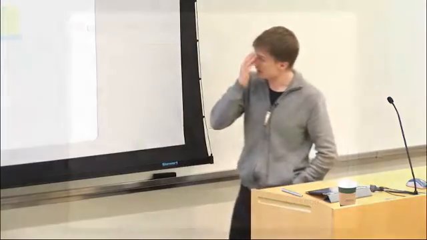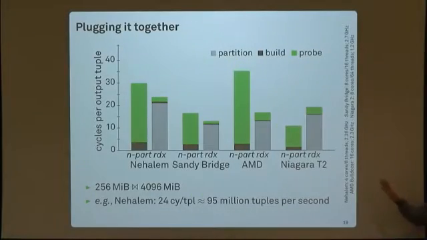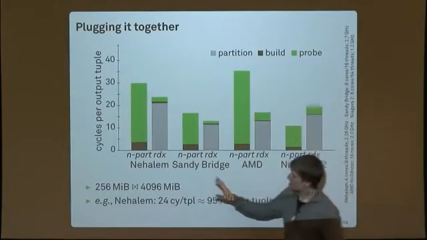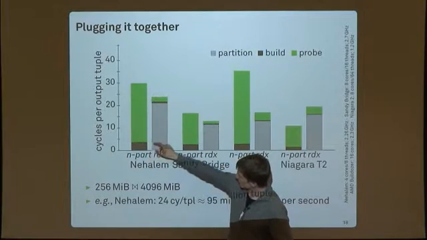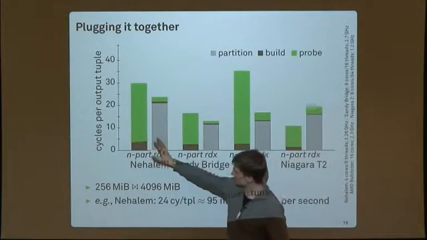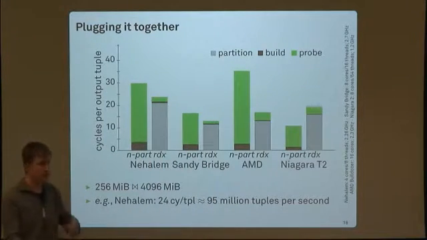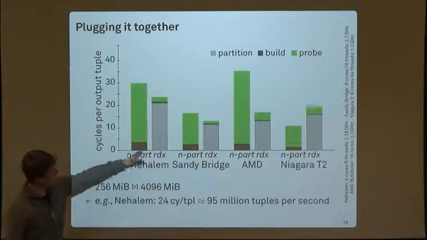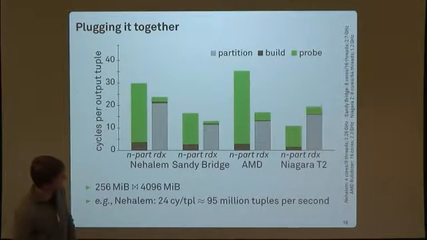So putting this together, I show some measurements that we did comparing what the Wisconsin people called the no partitioning join, that is a hardware oblivious join, not considering any caching effects, versus this radix join, which does the partitioning and all that stuff.